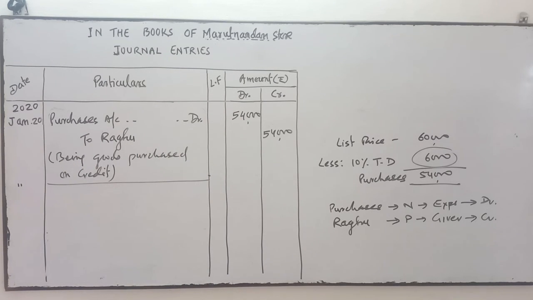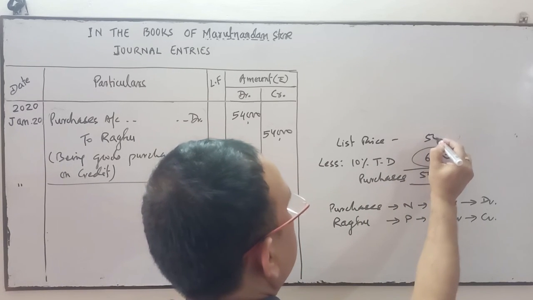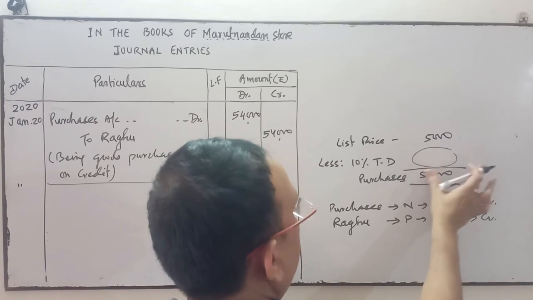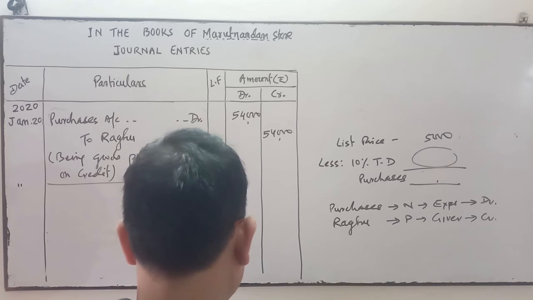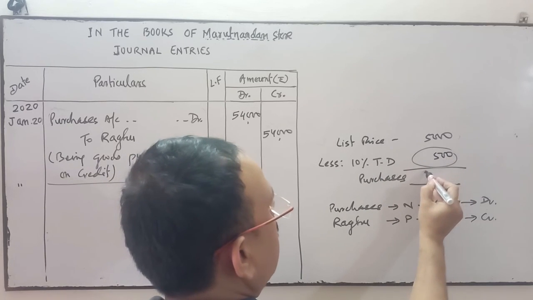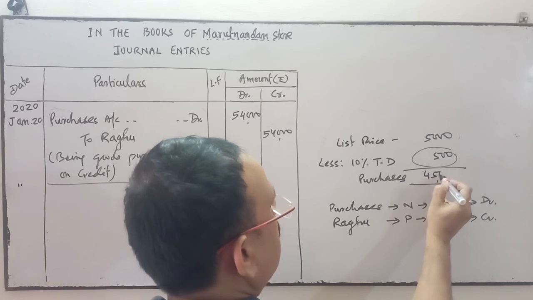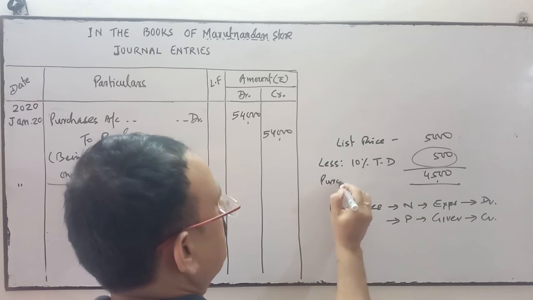Next is return goods to Raghu of the list price 5,000. Okay, list price 5,000. So 10% also will be deducted once again over here. So it is 4,500. This is purchase return.